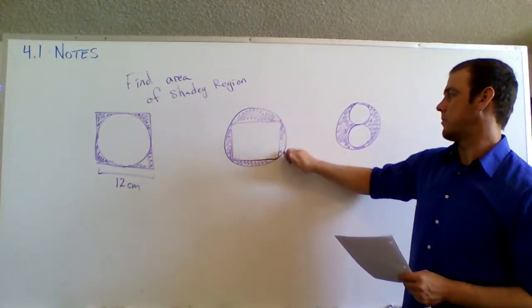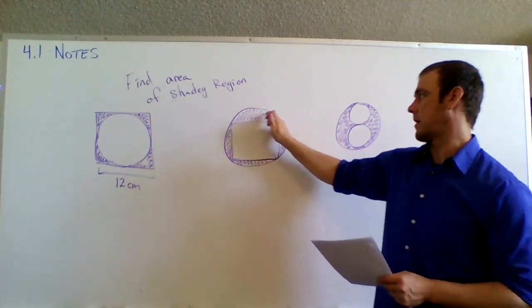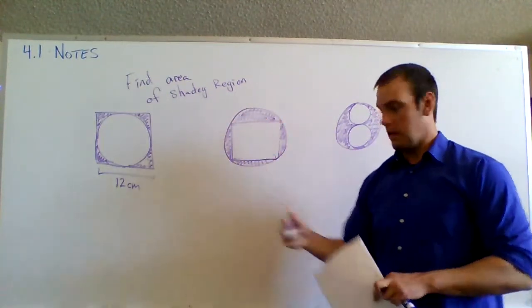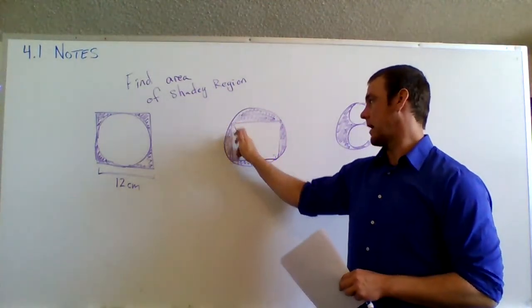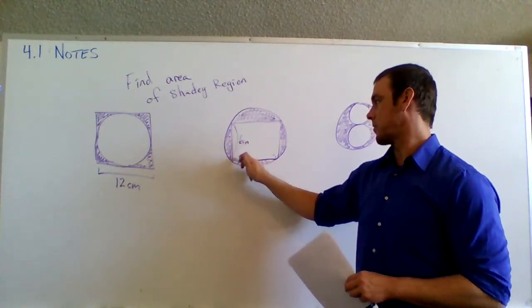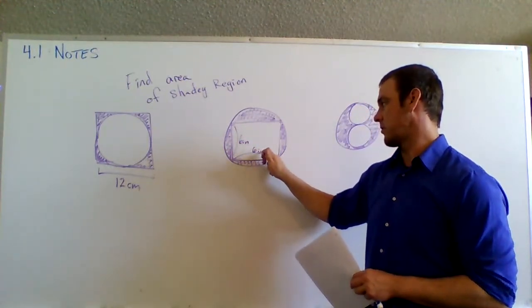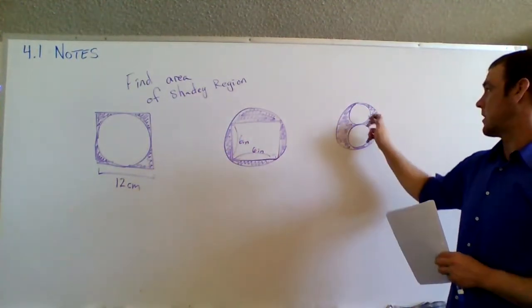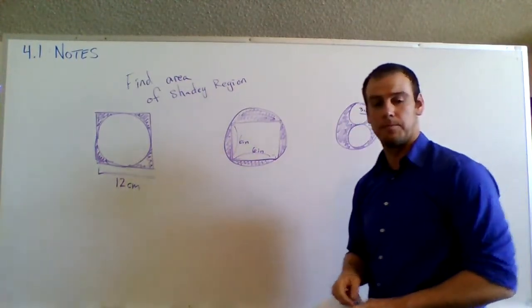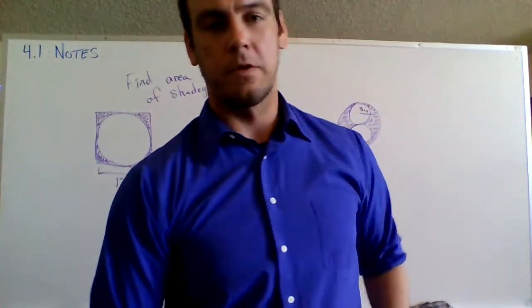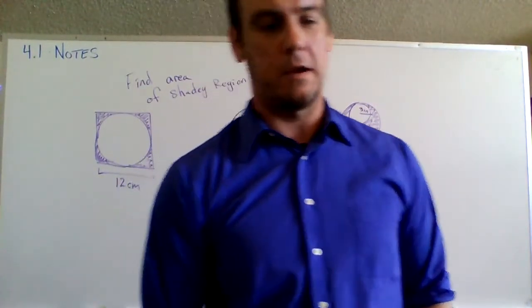Guys, we're going to have to just use some different tricks along the way to figure these all out. Let's talk about this side is going to be 6 inches. This side is also going to be 6 inches. Over here, I'm going to let you know this radius is going to be 3 inches. Cool. So, let's get about doing these.